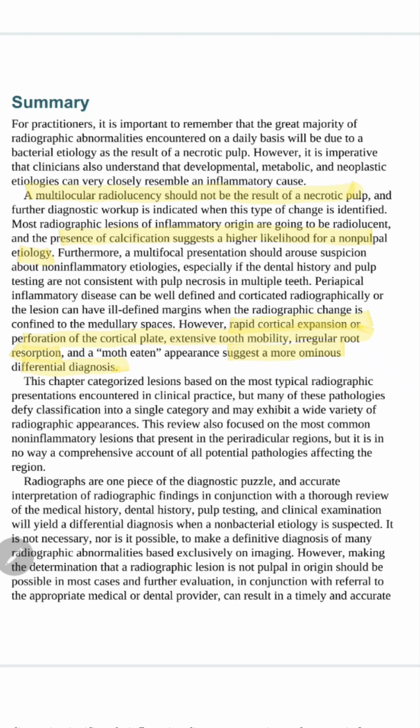The last thing is rapid cortical expansion or perforation of the cortical plate, extensive tooth mobility, and irregular root resorption. All of these signs suggest a more ominous differential diagnosis.